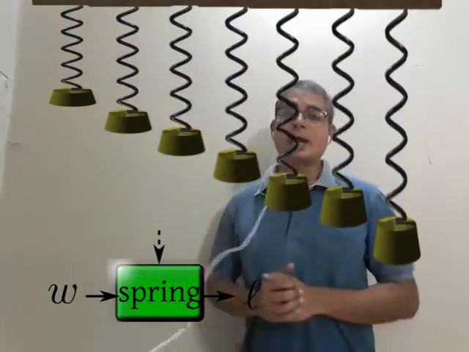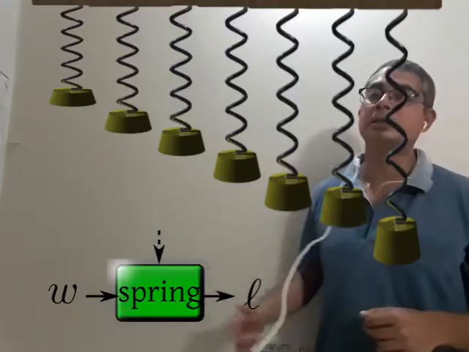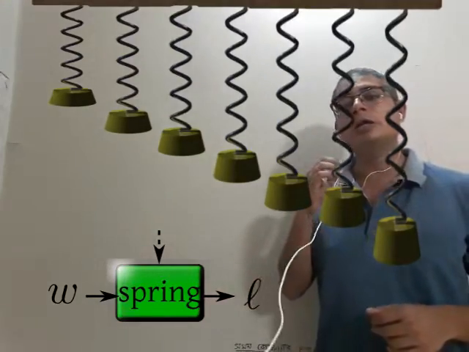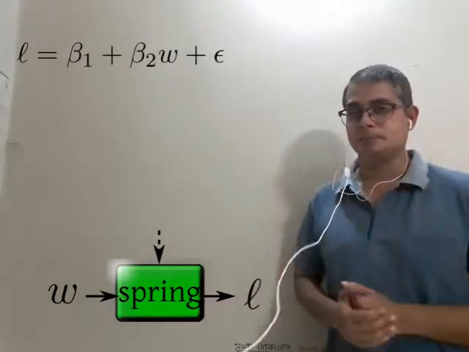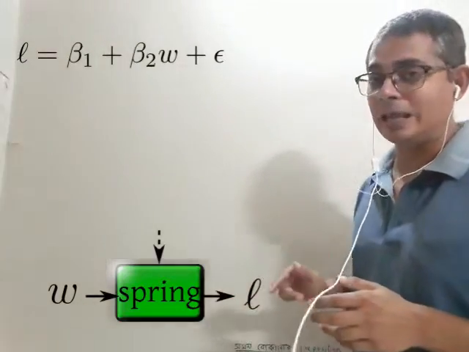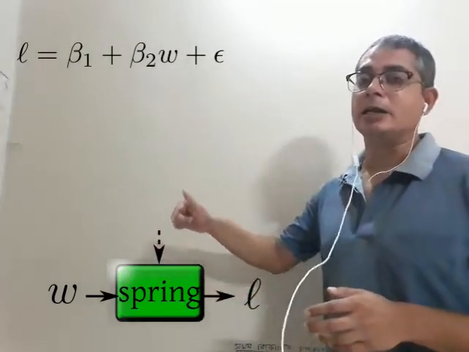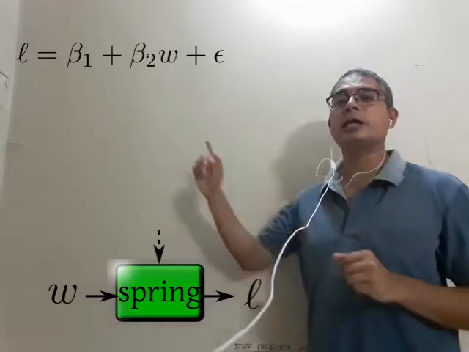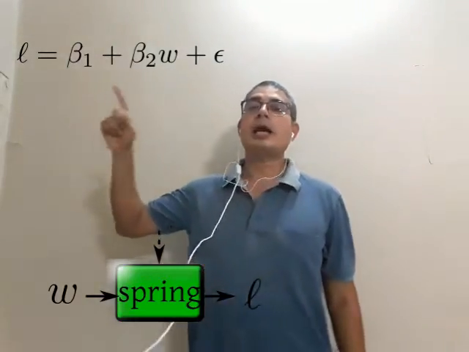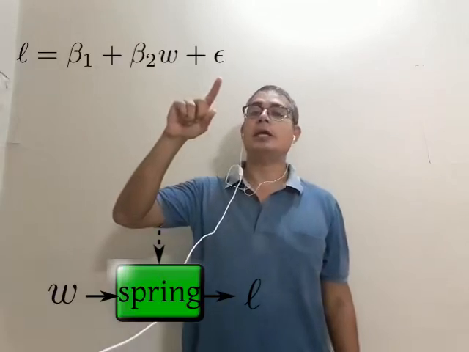So once you have that, now you should write down the model. The model basically is the mathematical formulation of this black box. So that will look like this. So it is just a way of expressing the output L as a function of the input and the random error. So this is one way of doing it. I have taken L, that output, and expressed this as a linear function of this W plus the error epsilon.